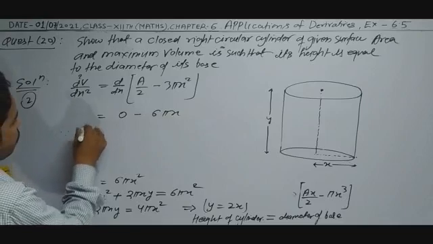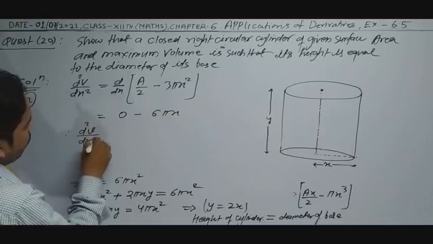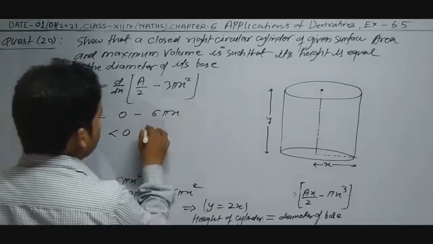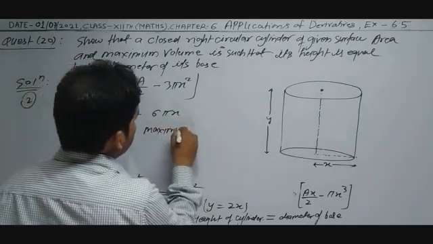Since d2V by dx2 is negative, means less than 0, less than 0 shows the maximum.